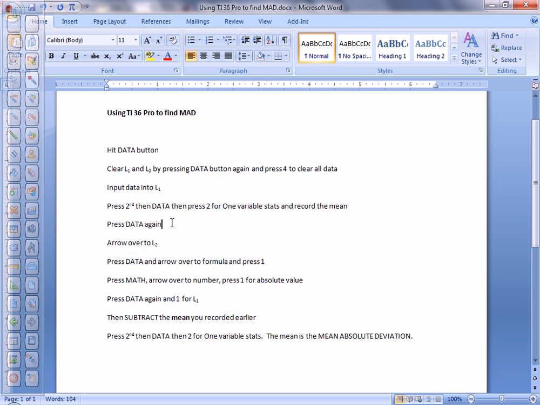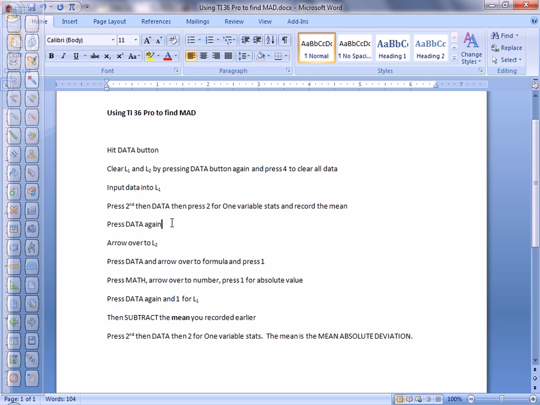Okay. Now that is just the list of the numbers. The last step in mean absolute deviation is to add up the absolute value of those differences and divide by how many there are. Isn't that just average? Yes, ma'am. So if we found the average of L2, that is the mean absolute deviation. How do we find average? Second data.